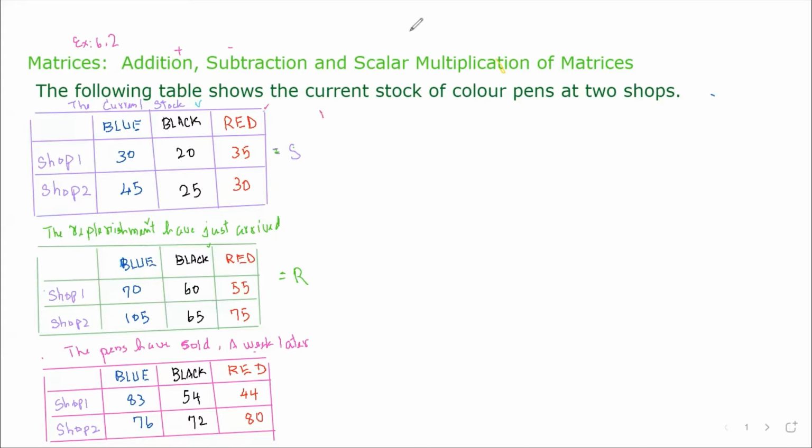So we do it like this for each color. For the blue color, 30 plus 70, from the current stock plus the 70 pieces they bought. And then they say one week later they sold 83, so you just subtract this way.